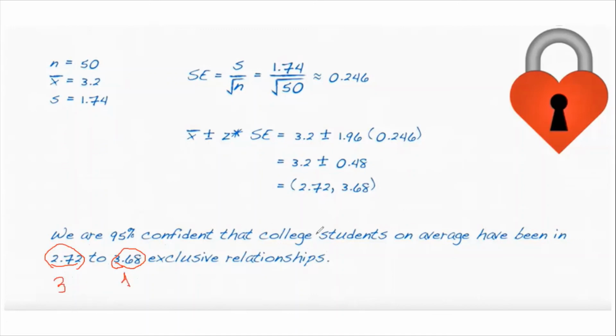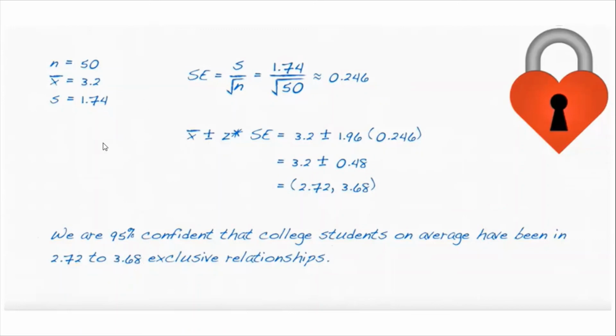So we can say that college students on average have been in 3 to 4 exclusive relationships, something like that. It's like we cannot have half a relationship, an exclusive relationship. So it does seem like they are cheating a little bit, right? They have 2.7 relationships. It's a little bit tricky to interpret.